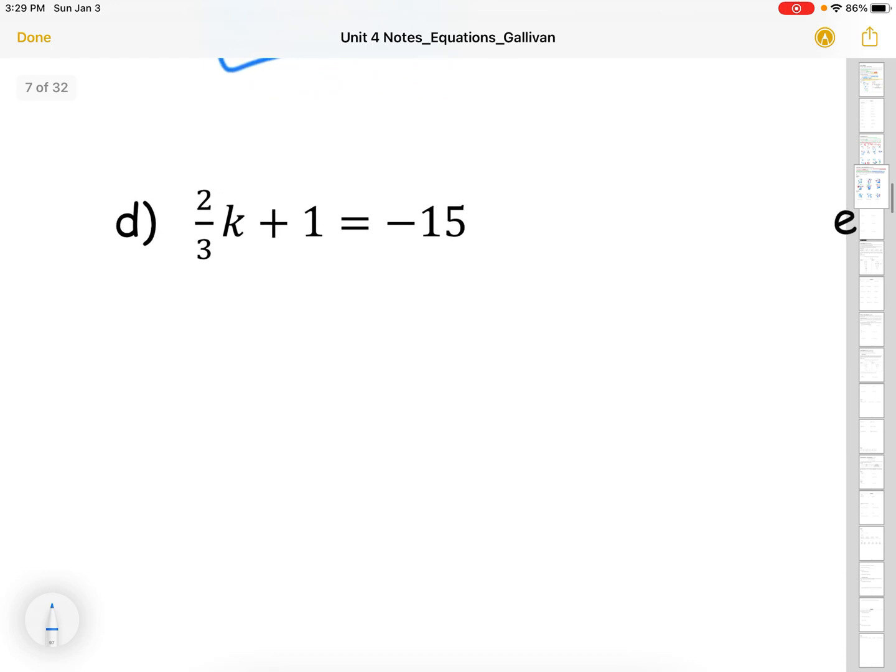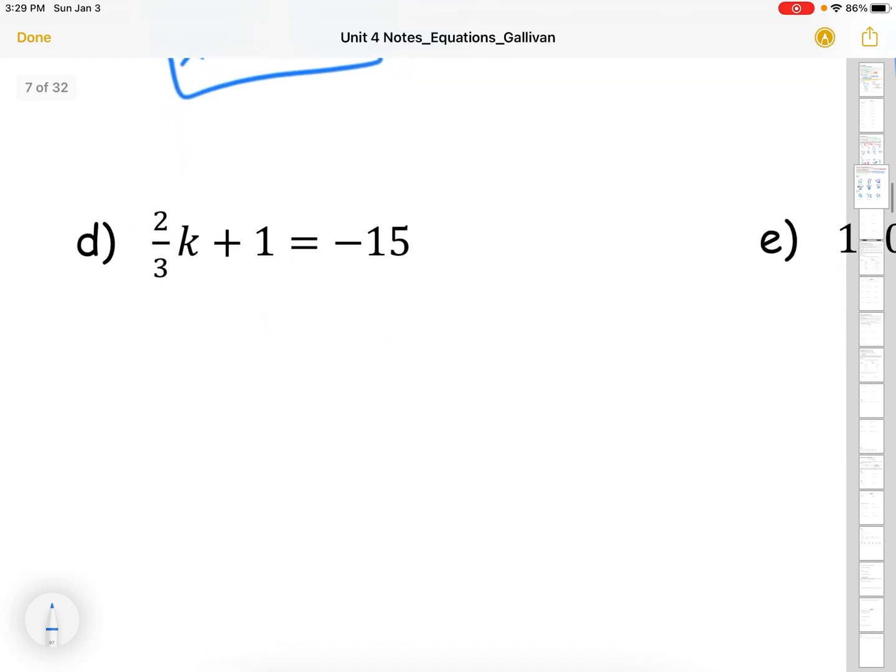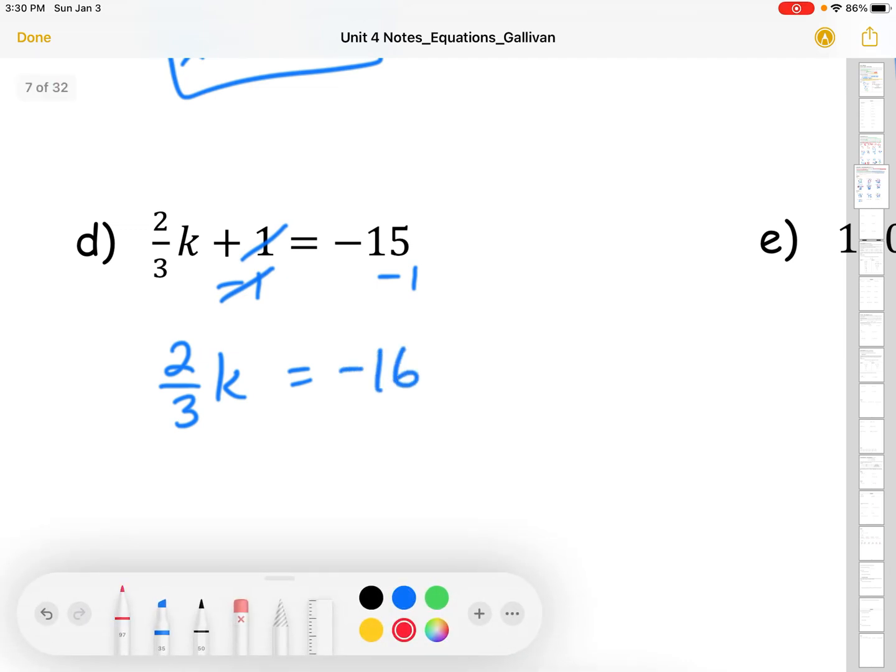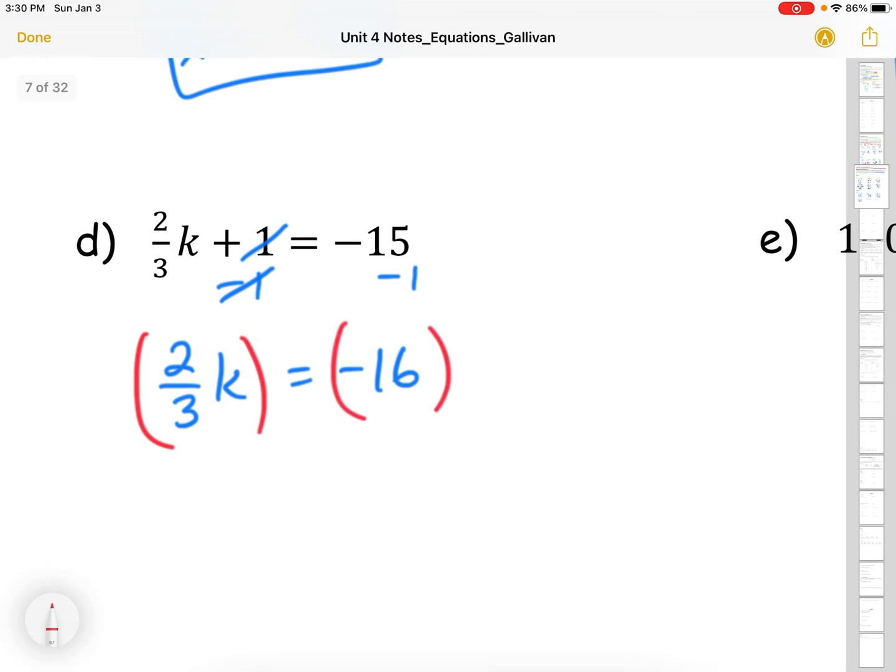Okay. Over here to D. So hopefully you're seeing a pattern. Here I have a plus 1, so I'm going to subtract 1 from both sides. So I'll have 2/3 k. This disappears, is equal to negative 16. I'm going to multiply both sides by the reciprocal, 3 over 2.